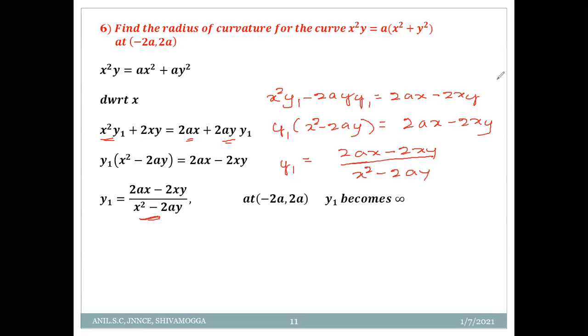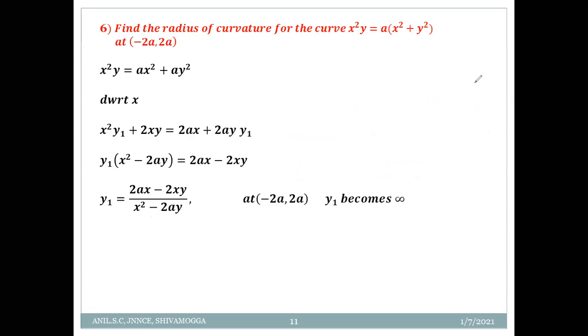And this derivative is required at the specified point. What is the specified point? X is equal to minus 2a and y is equal to 2a. Substitute. What will be the denominator? X square, x is minus 2a whole square is 4a square, minus 2a into y.